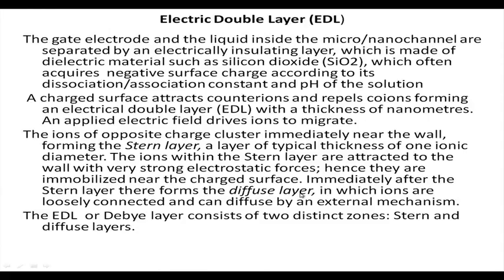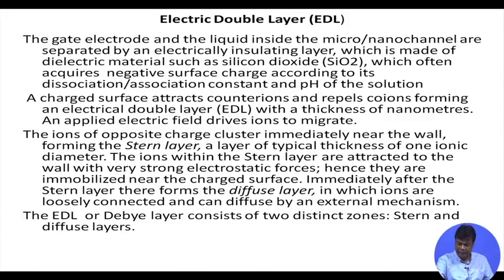Now, these electrodes or channel interfaces are normally made up of a material like SiO2, silicon dioxide. This will create a negative surface charge on the surface.